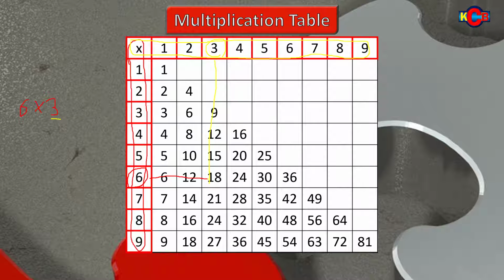They meet here. Now, this is the answer for 6 times 3, which is 18. This is how we look for the answer using the multiplication table.